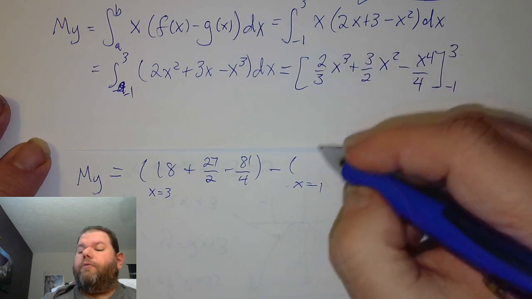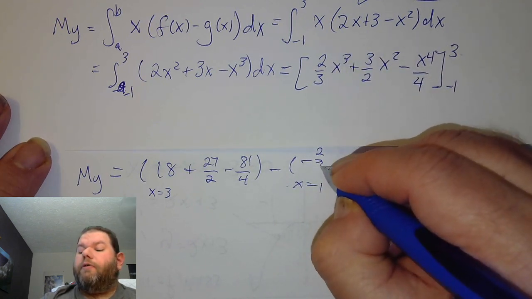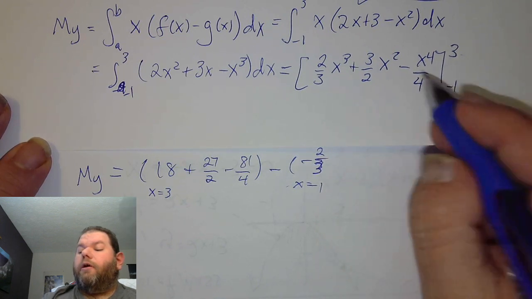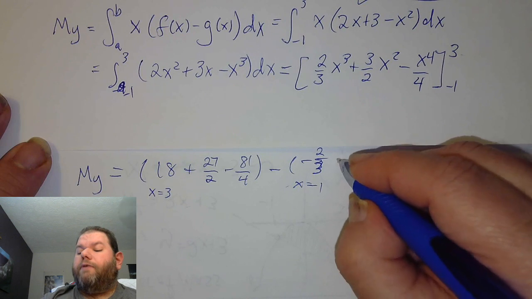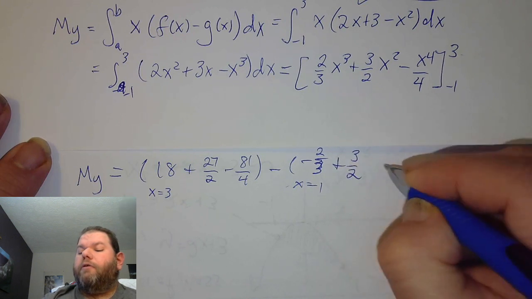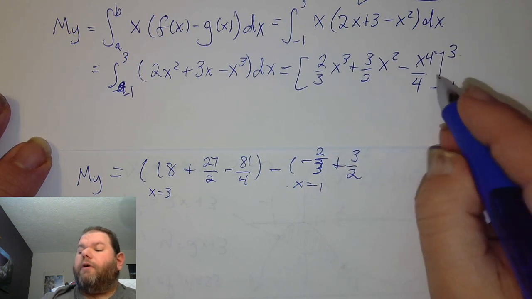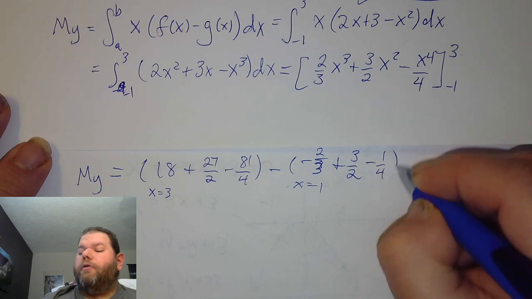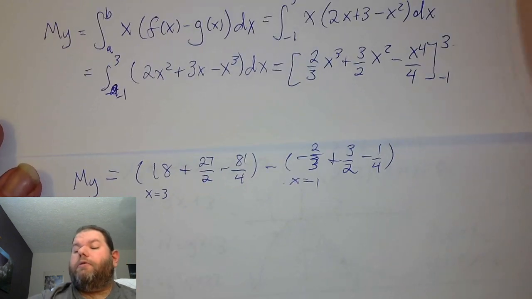At negative 1, we get negative 2/3, plus 3/2. And this will be minus 1/4.